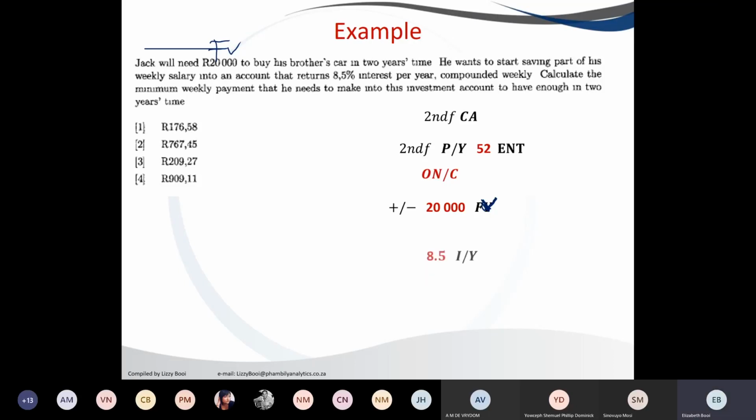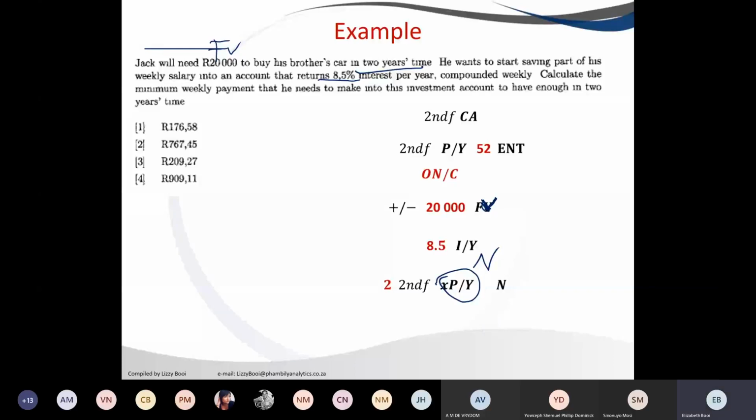Then we put in our interest, 8.5, and we just put it as it is. That is our interest, and then we put our period or our term, which we know is 2 years. So it will be 2, second function N, and then you press N again. Remember this? It's N again, and that will store 104 on your calculator. You will see that.